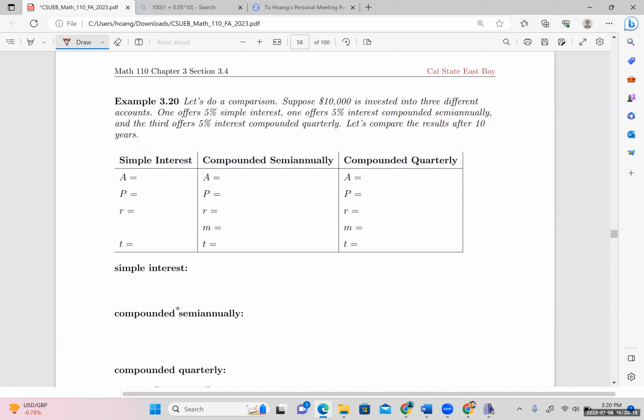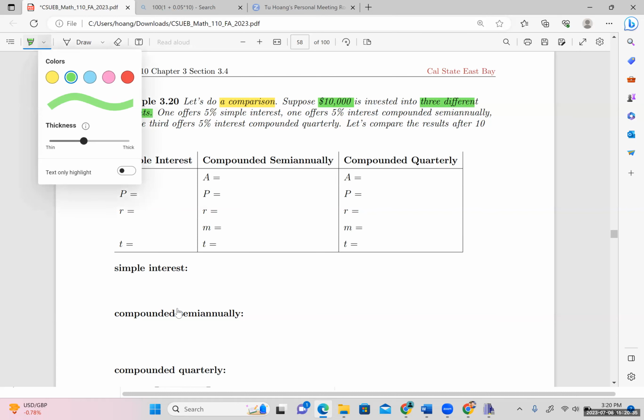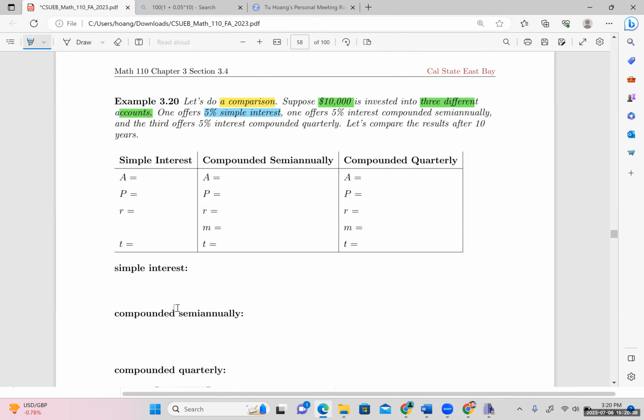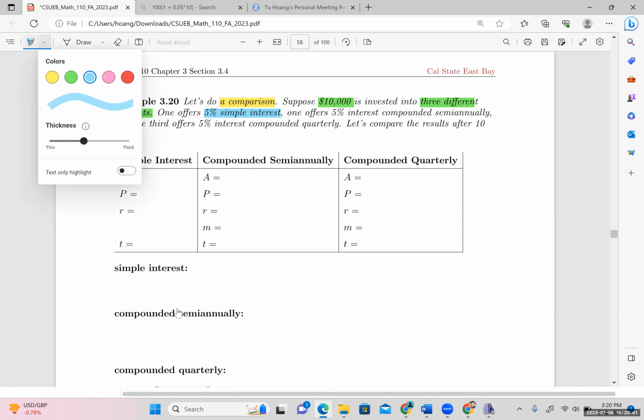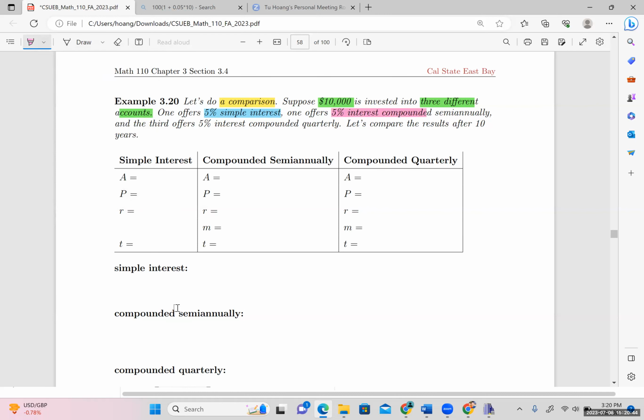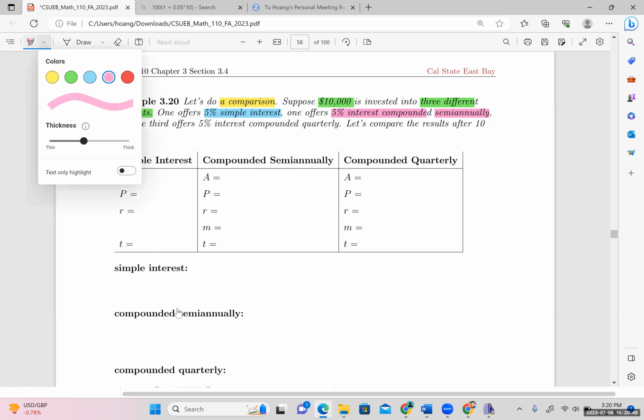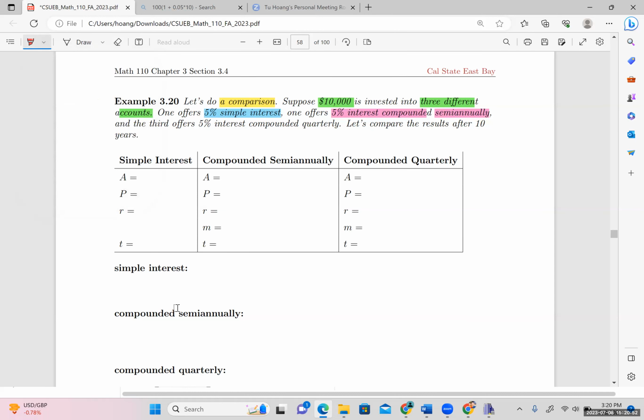Okay, and in this column, we want to do some comparisons, right? We have 10,000 in our hand, and we want to invest into 3 different accounts. One account offers 5% interest as simple interest, another one offers 5% compounded semi-annually, and the next one offers 5% compounded quarterly.